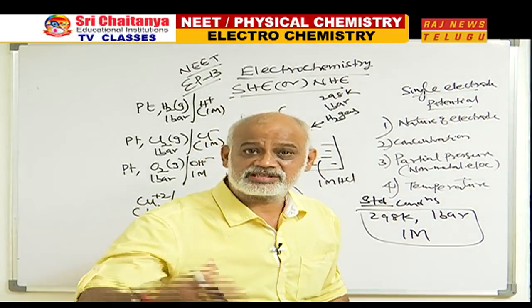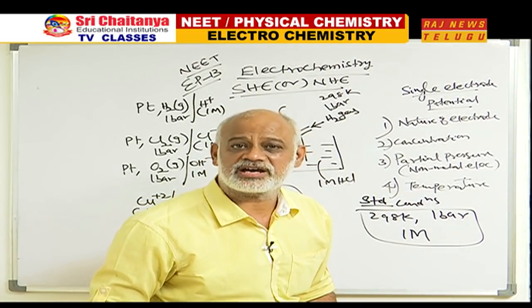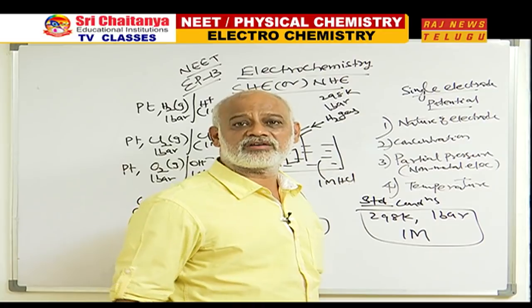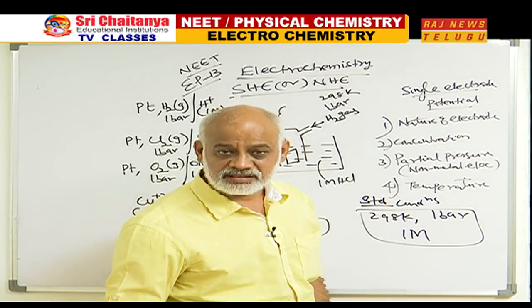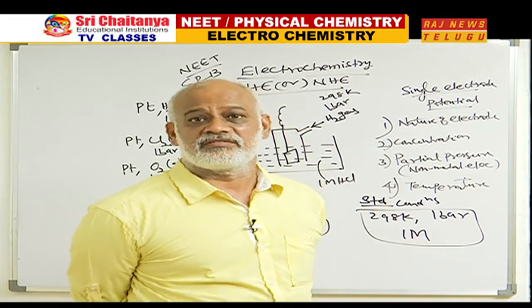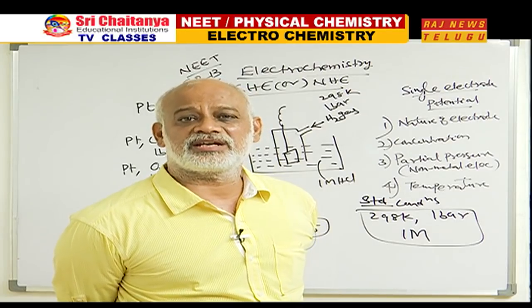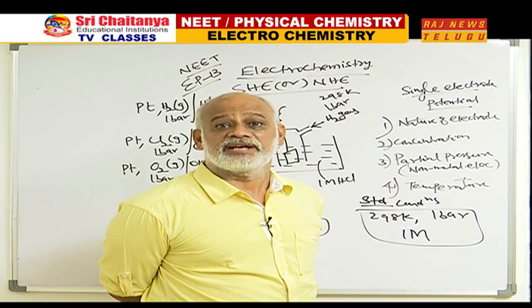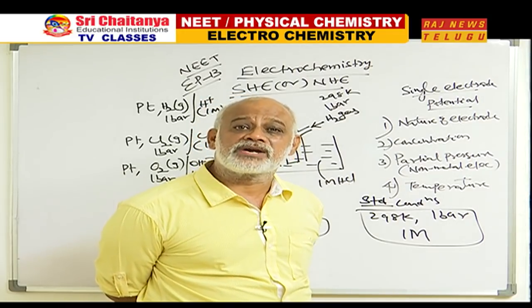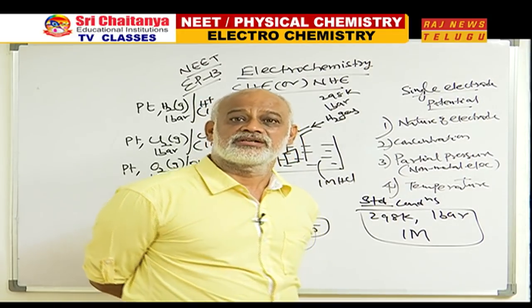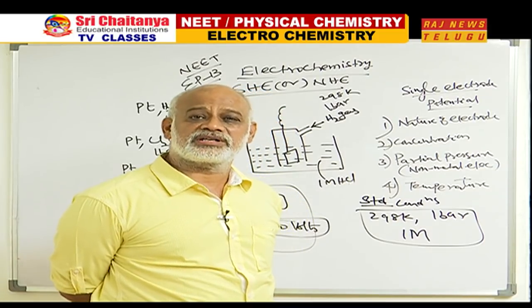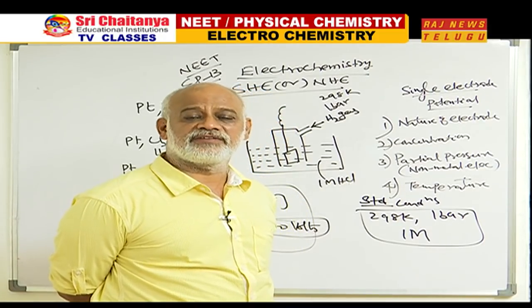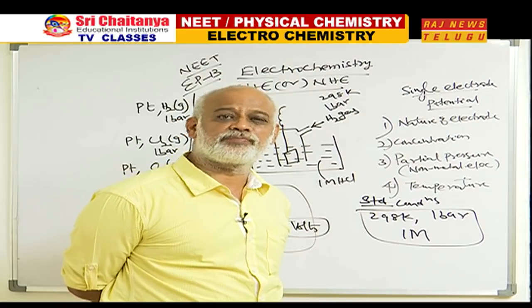We are going to discuss various non-metal electrodes in which some gases are bubbled. At what pressure they are bubbled through the solution is also an important factor in the variation of potential.